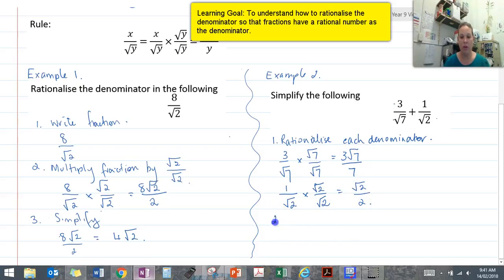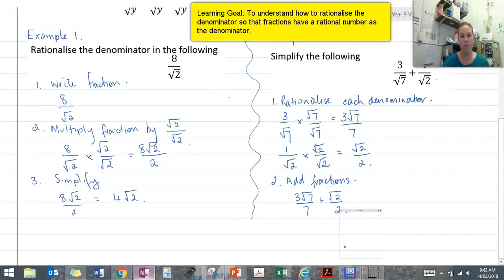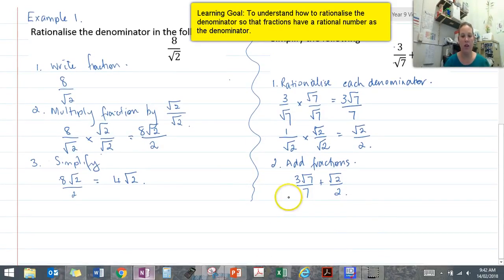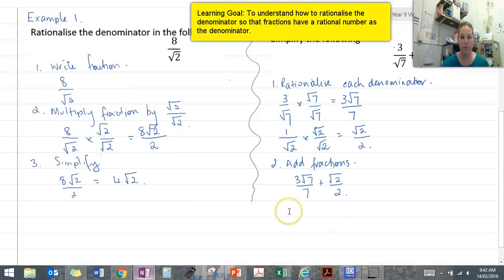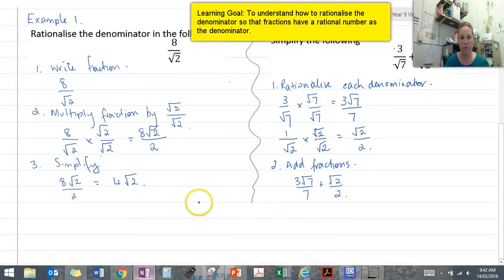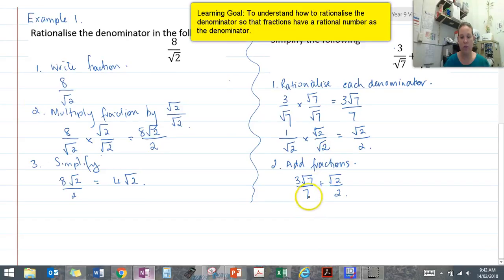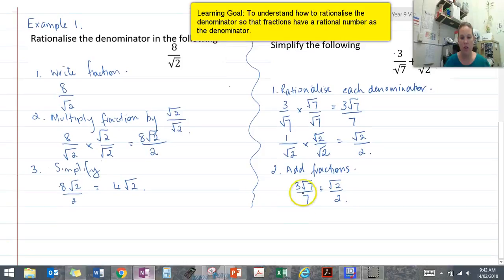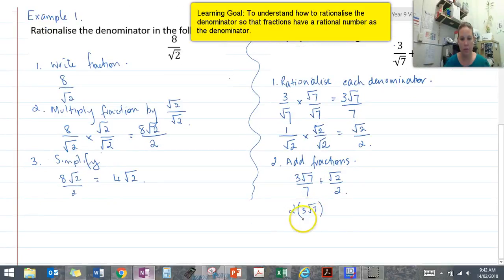Now once we've done that, we're going to add our fractions. So we then have 3 square root 7 over 7 plus square root of 2 over 2. Now you should recall that to add fractions you do need to have the same denominators. So we're going to multiply the first fraction by 2 and the second by 7.